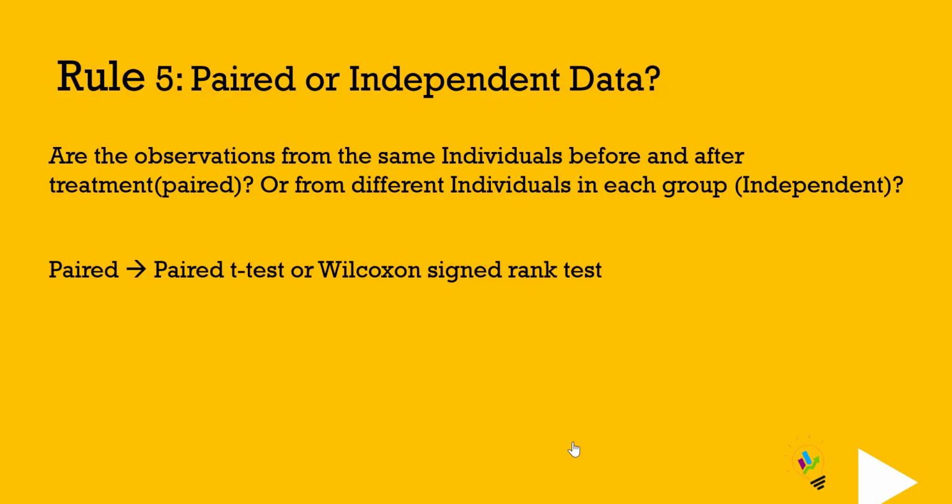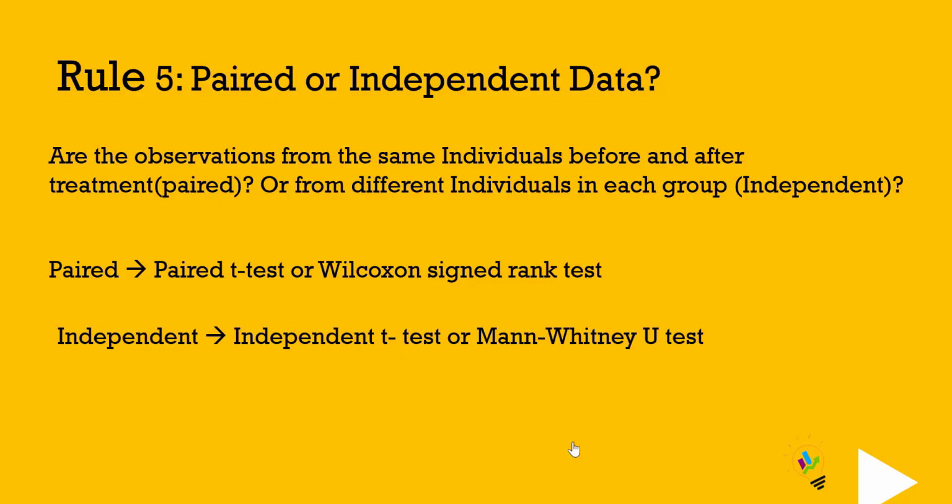If the observations are from the same individuals before and after treatment, then we are going to use a paired t-test. If they are independent, like you are just comparing male and female exam marks, then you can use independent t-test or Mann-Whitney U-test. So the fifth rule is, basing on whether the data is paired or independent, the test will change.